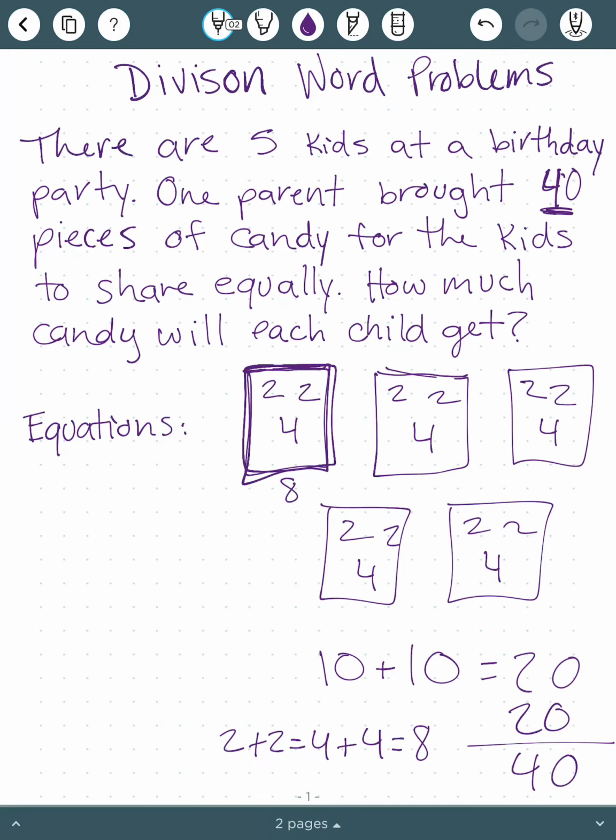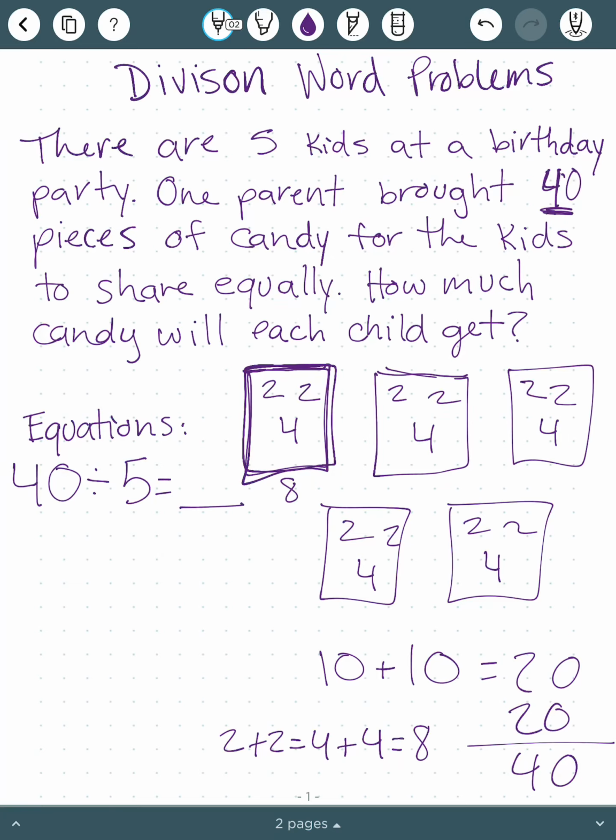So now that they know how much is in each bag, we want to write our division equation. In division, your largest number always comes first, and then we'll divide that by how many groups we have. So in this case, there's 5 kids, so there's 5 groups. So 40 divided by 5 equals something.